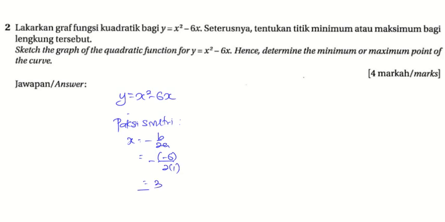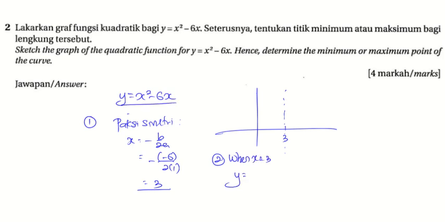The answer is 3. So 3, paksi symmetry. So the second step is when x equals to 3, my y equals to 9 minus 18, negative 9. So it's negative 9.